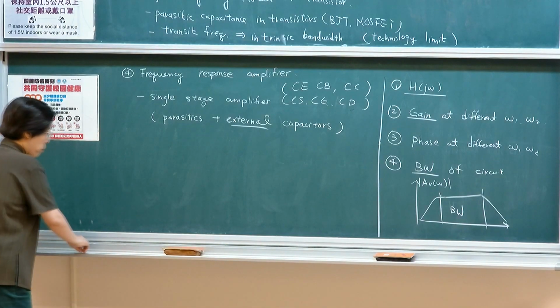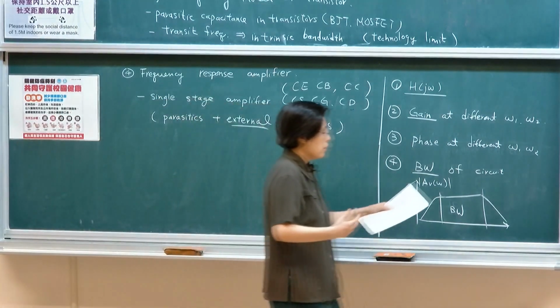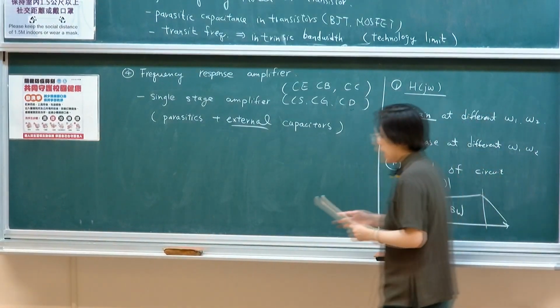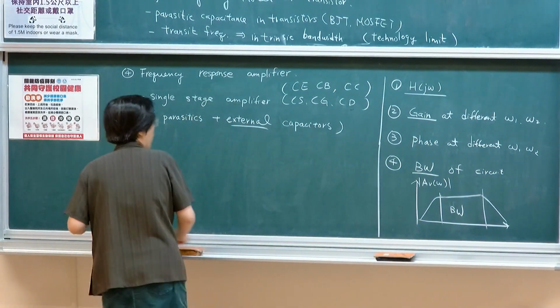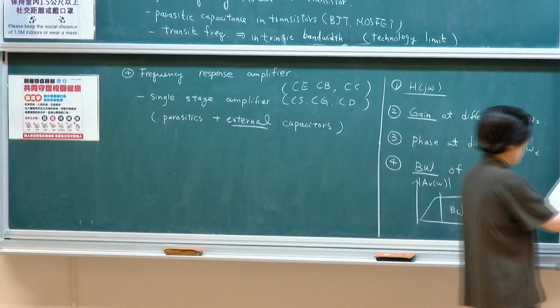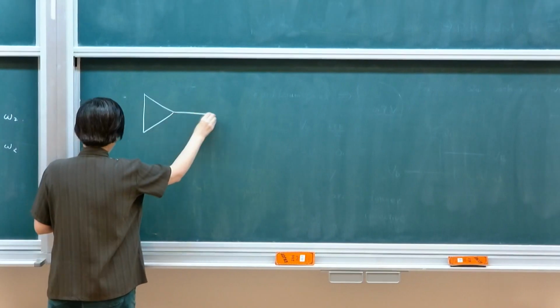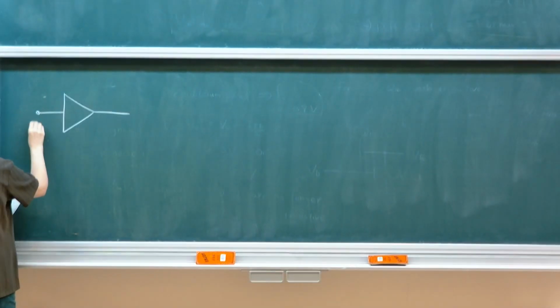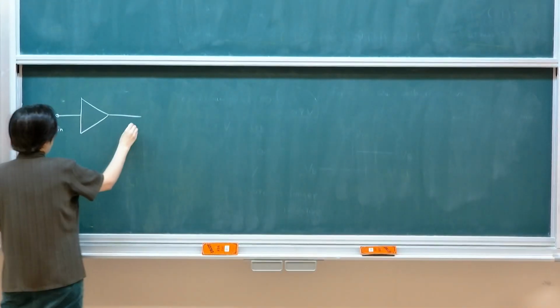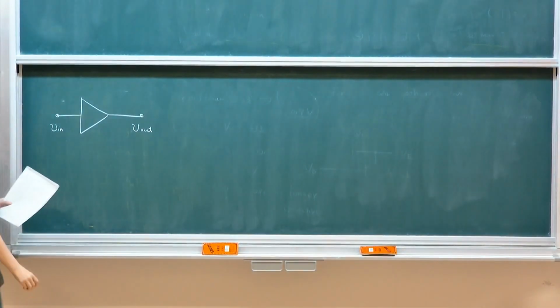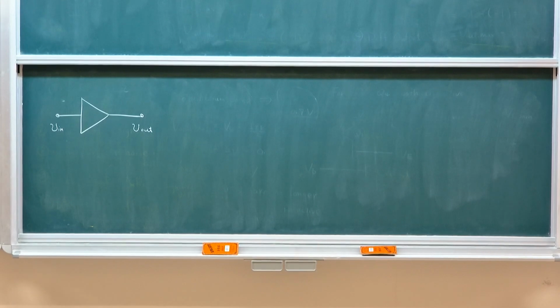So let's go back to what it means by frequency response. It basically means that if I have an amplifier, let's say this is my amplifier, I have an input signal, and I have an output signal. Typically we think that we have a fixed gain between the input and output.